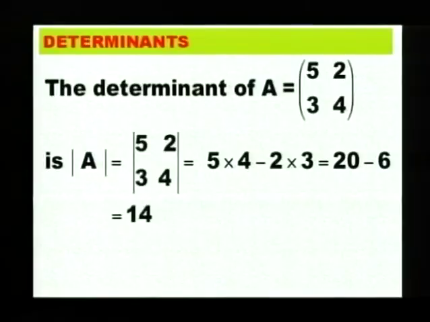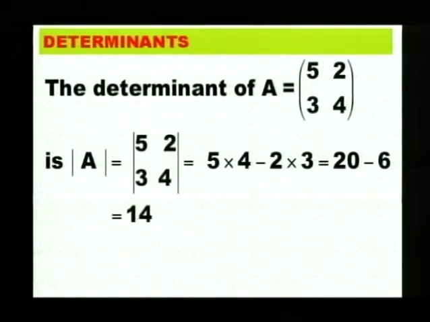All right, next. The determinant of A, if A is equal to 5, 2, 3, 4, will be 5 times 4 minus 2 times 3.